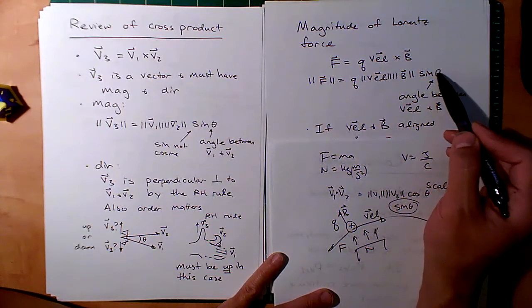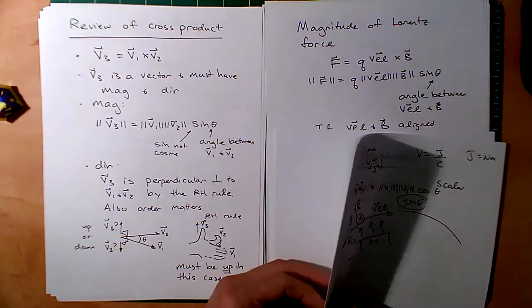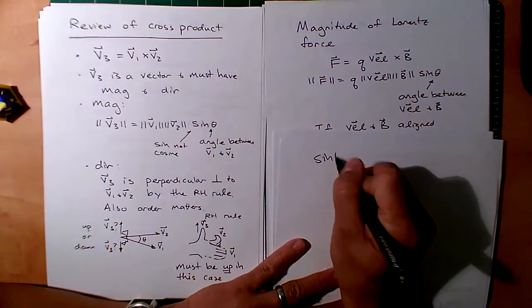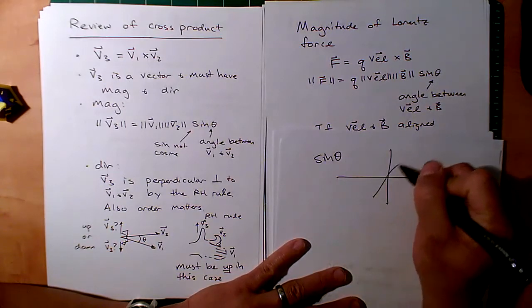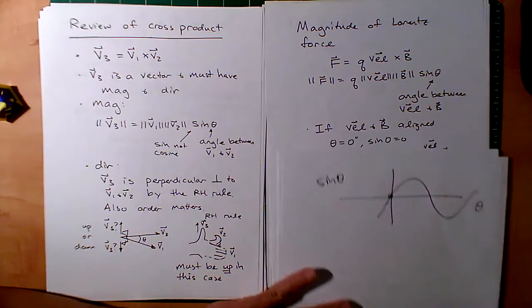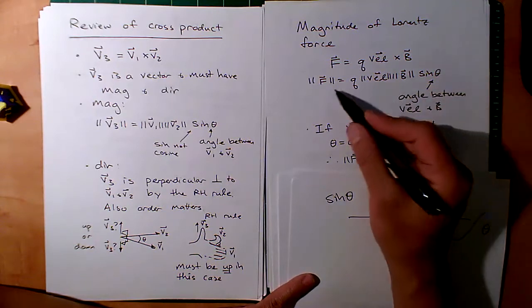The theta here is 0. Sine of 0 is 0. Sine of theta looks like this, here's your theta, so sine of 0 is 0. And if sine of 0 is 0, that means you get no force.